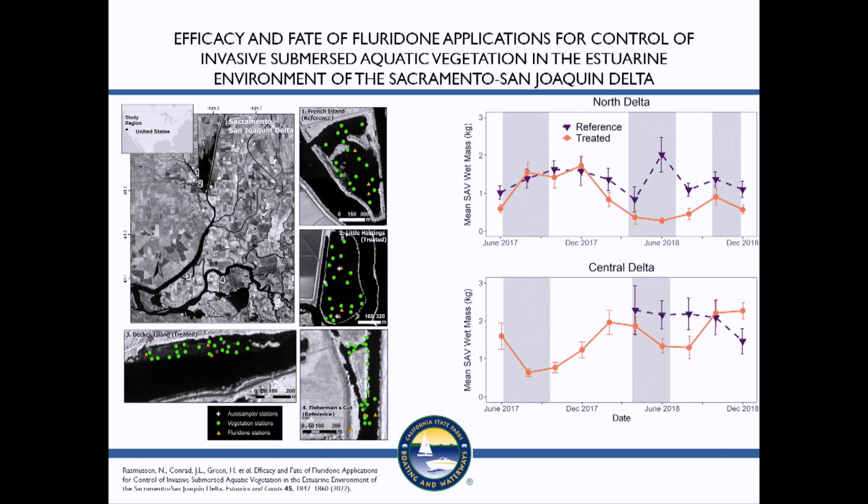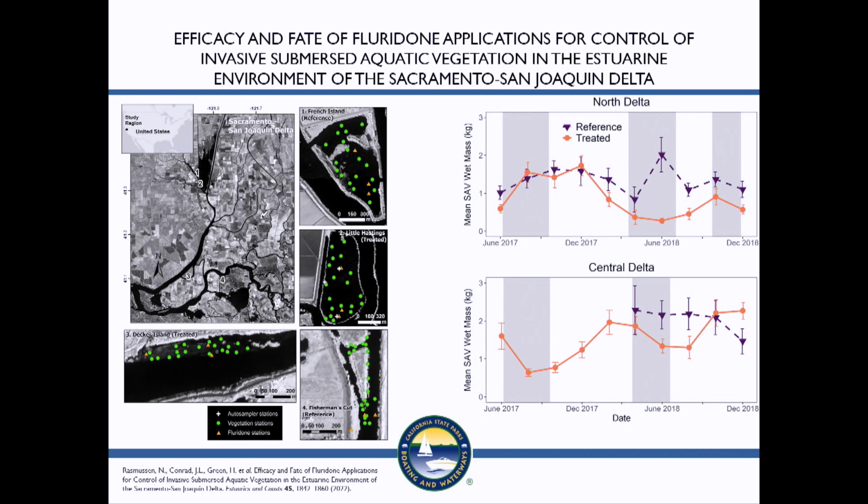Luckily, since all of these studies have been conducted and reported, we actually have several other contact herbicides now that we use for submerged aquatic vegetation, or SAV, that have been much more successful, with a lower resource profile required.